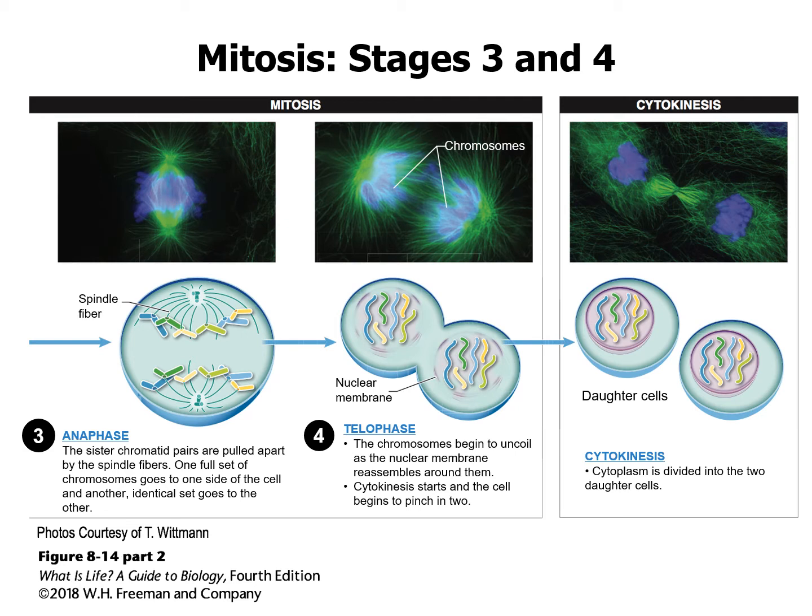It's sort of toeing the line between the two. And cytokinesis is just the cytoplasm being divided into the two daughter cells. So remember, the cytoplasm is all that gooey junk within the cell, including the organelles.